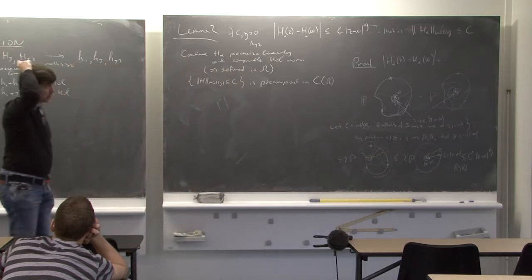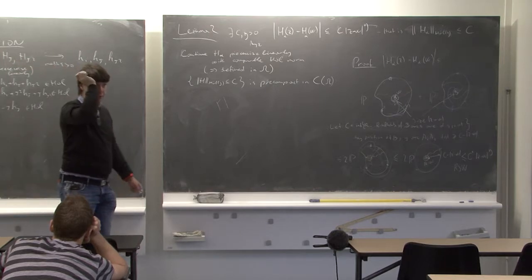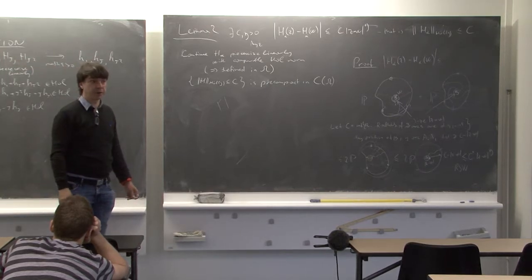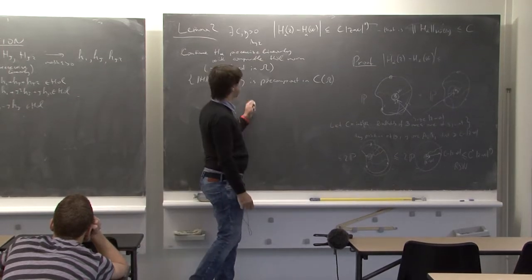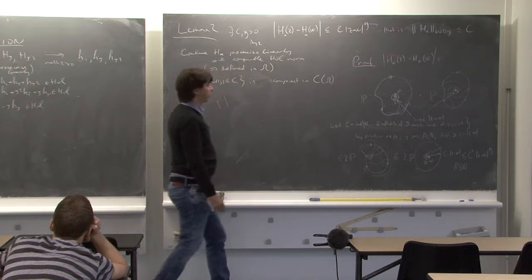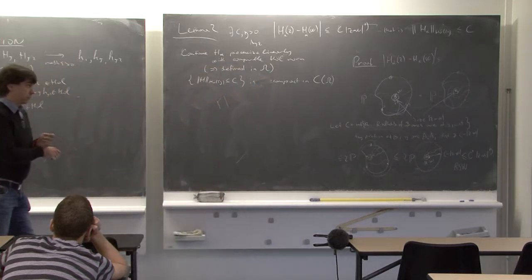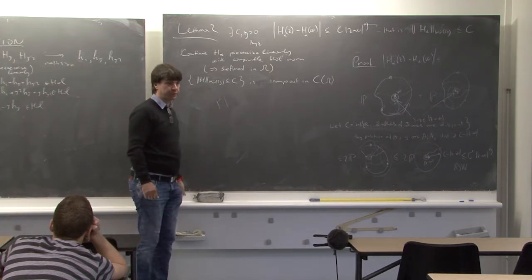This is just the Arzelà-Ascoli theorem, that uniformly continuous functions are compact. This is actually even compact, in the space of continuous functions, or in any Hölder space with a smaller exponent.